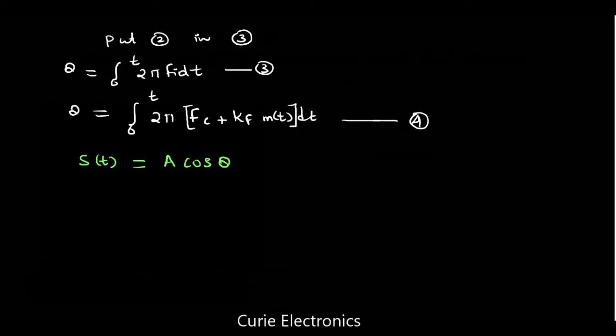Now we will write it. S of t equals A cos, put the value of theta. What is theta? 2 pi integral 0 to t, fc dt.